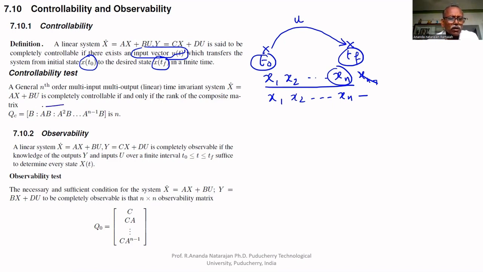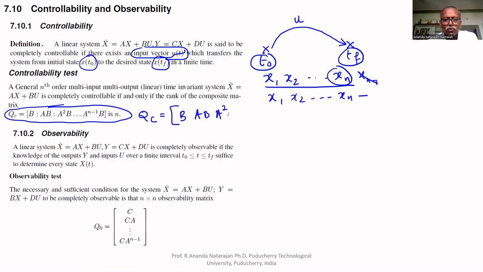Here, what is the test for a system to be completely controllable? The QC matrix is B, AB, A square B, etc., A to the power n minus 1 B, because it is an nth order system.